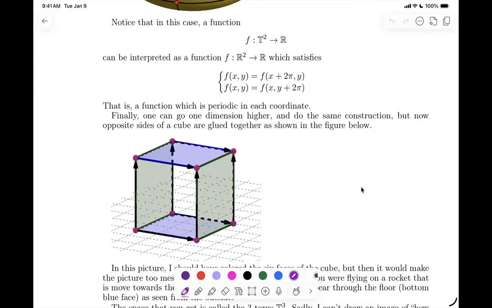But my point is that it's a three-dimensional space that is not regular R3, because regular R3 doesn't have this almost teleportation property, where if you go to one of the edges, you reappear from the other one. It doesn't look weird if you live in that universe.